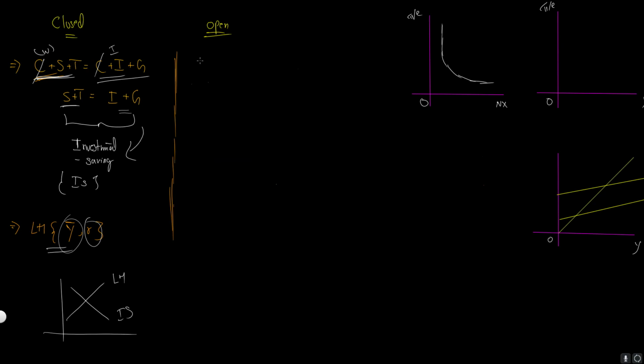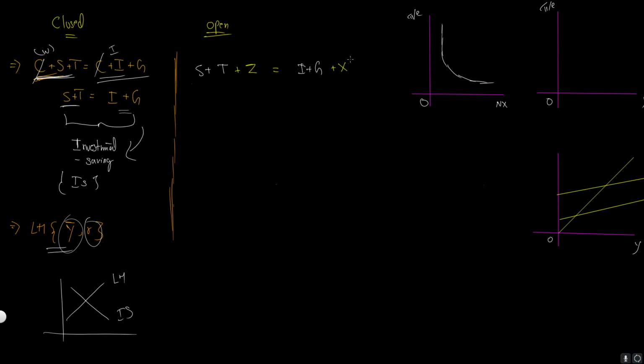First of all, we have the same equation, savings plus taxation. However, in an open economy, along with taxation, another withdrawal is imports, and along with investment plus government spending, we will also have exports.